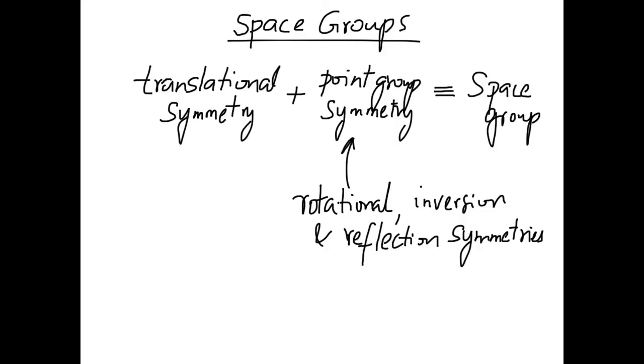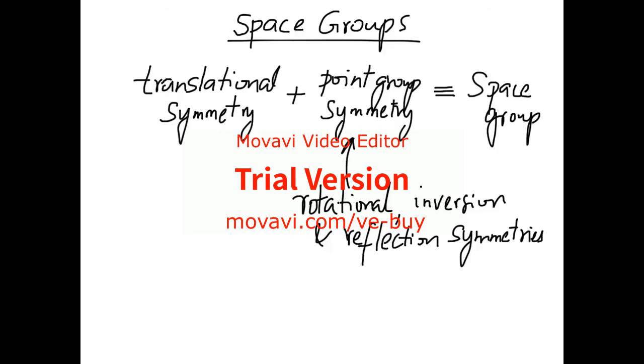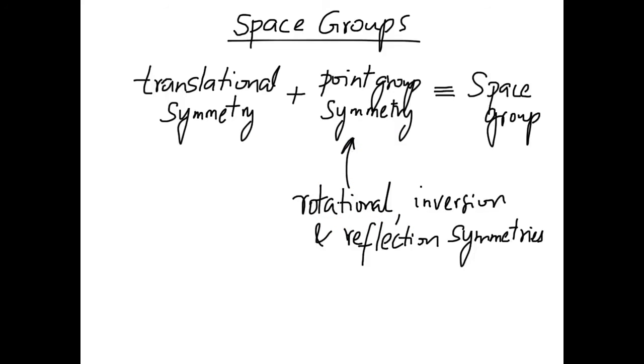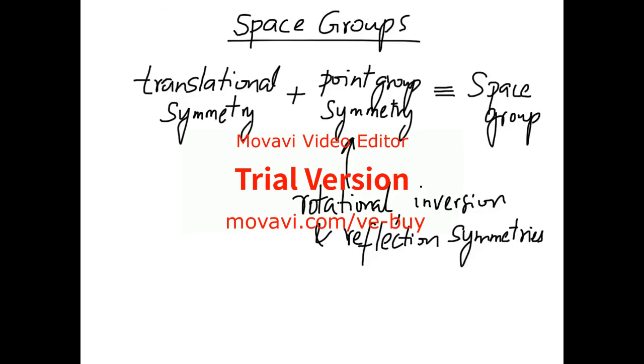For example, if you take the plane that contains the H2O molecule, reflection of the molecule with respect to that plane will leave the molecule invariant. So that's one symmetry operation that leaves the system invariant, and it's an operation that's part of the symmetry group that represents that particular molecule. Another one could be a plane that actually bisects the molecule, and again reflection with respect to that plane would leave the molecule invariant.